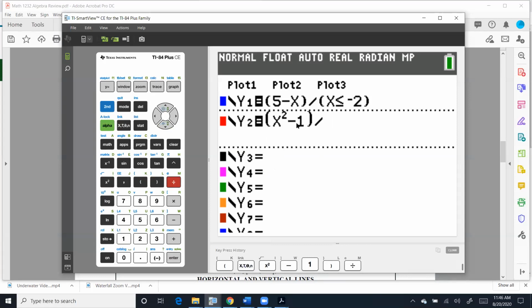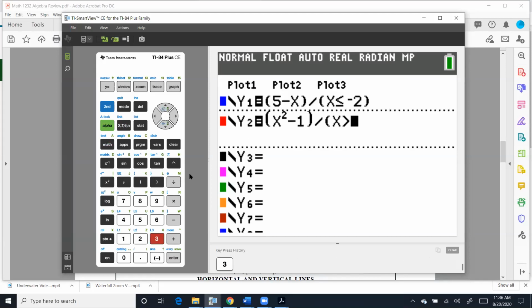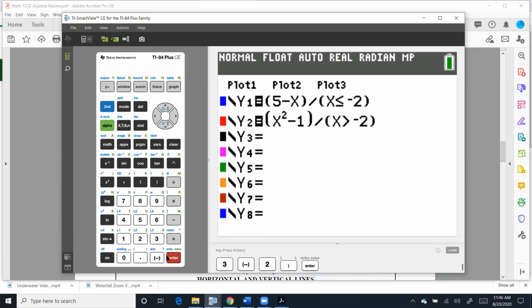So x squared minus 1, parentheses, division symbol, open parentheses, and now I want x greater than -2. Back to the test menu, and I'm just going to press 3 rather than arrow down, and then -2. All right, so that's what it looks like on your screen.